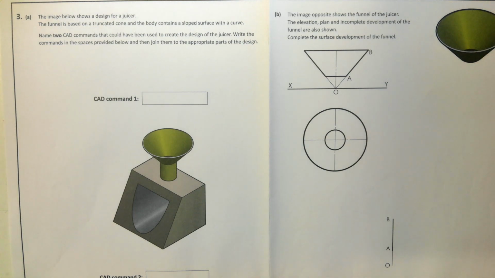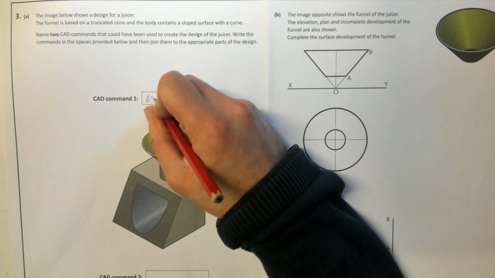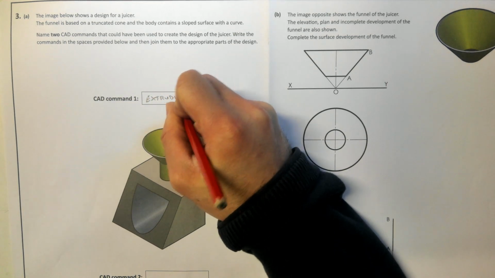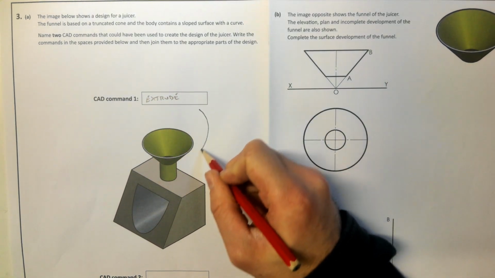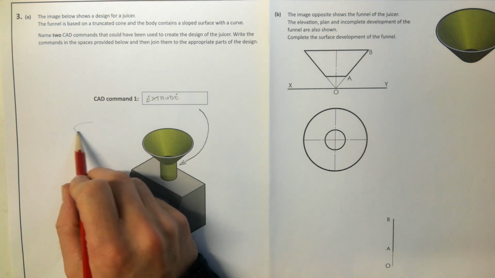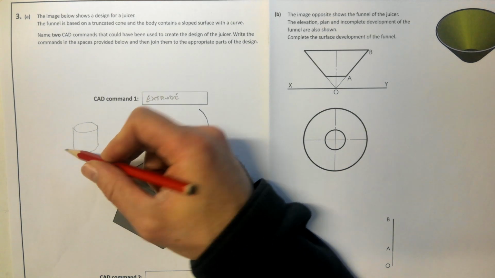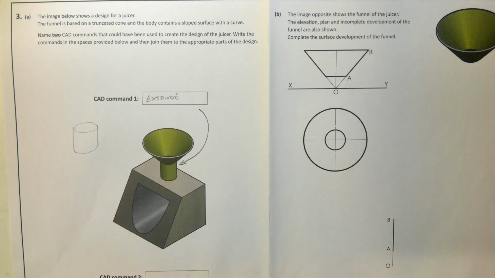So the first CAD command we could say that was used was extrude. So extrude could be used, for example, to make the cylinder. So you could say you drew the circle and then that was extruded to form that cylindrical part.